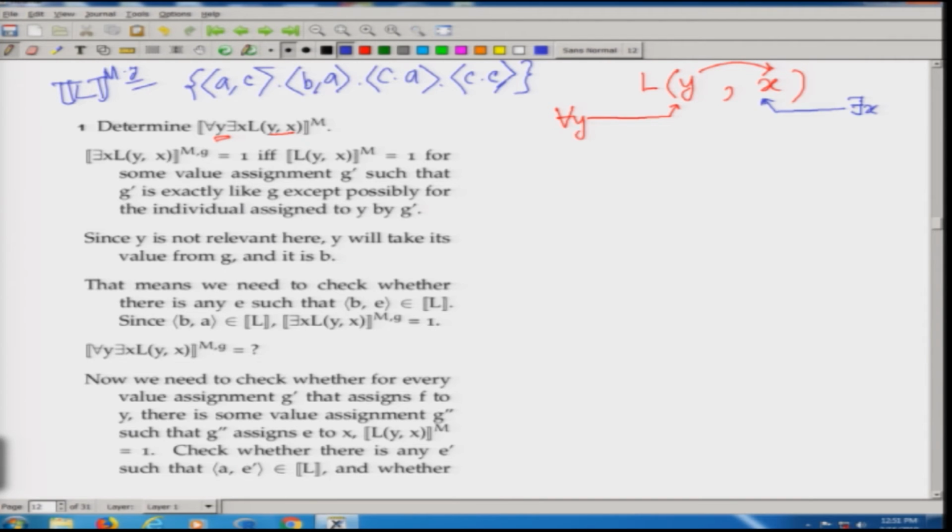Now we will see, as we have seen, the checking goes from y. So, and this is an all case. All means and, as we have seen previously.